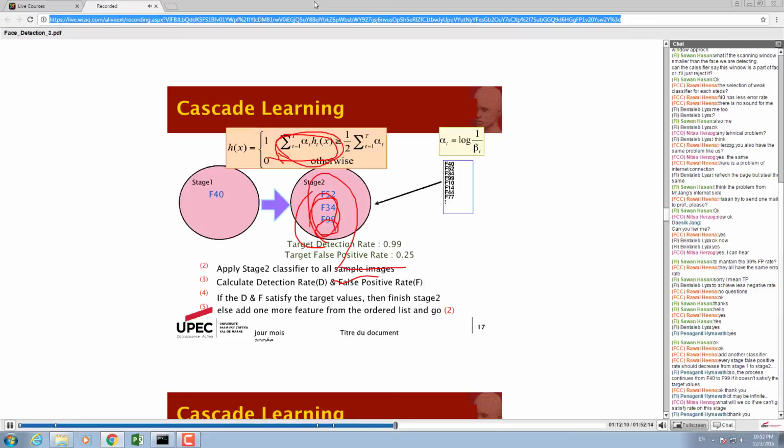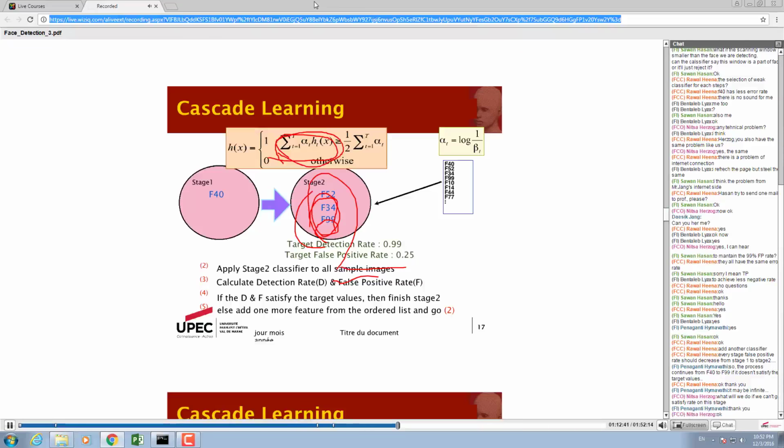Okay, a similar question from Nisar is, what if we cannot satisfy the rate on this stage? If we don't satisfy it, the only thing we can do is add more features, normally 10 more or 20 more. In that way, we can normally achieve that number, because this target number, 25%, is not a very difficult rate.